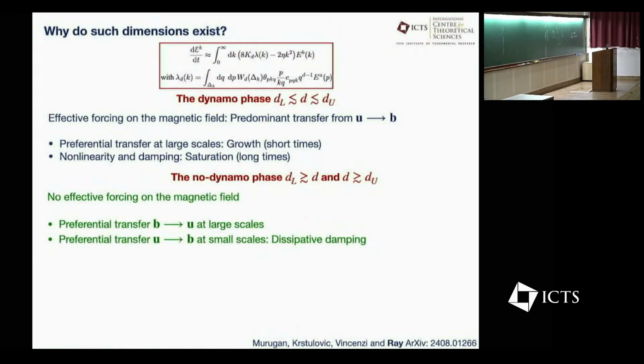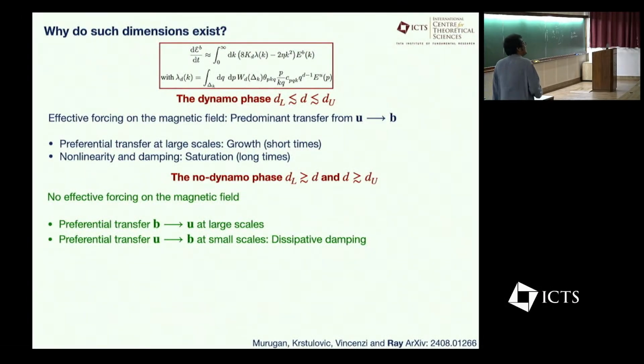For dimensions which are in the no-dynamo phase, what you find is that there is no effective forcing on the magnetic field, not surprisingly. What you do find is that there is a preferential transfer from the B to U field at large scales, and a transfer from U to B, which would act as the forcing to stir up the magnetic field.